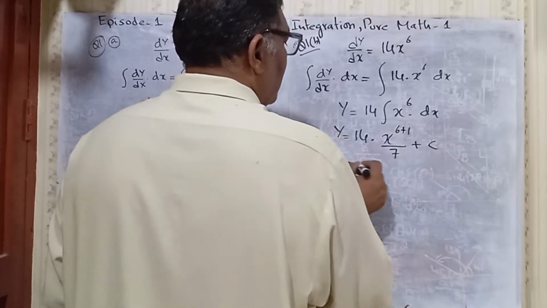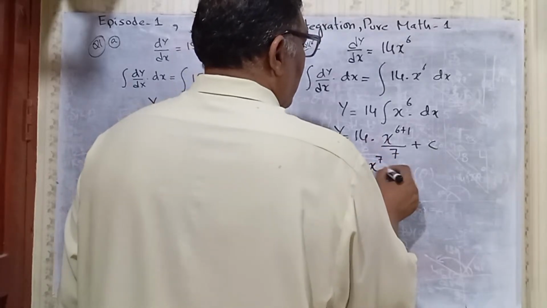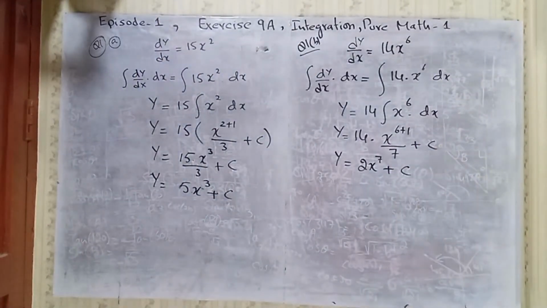So y will be 2x raised to power 7 plus c, which is the right answer. So this is question number 1, part B.